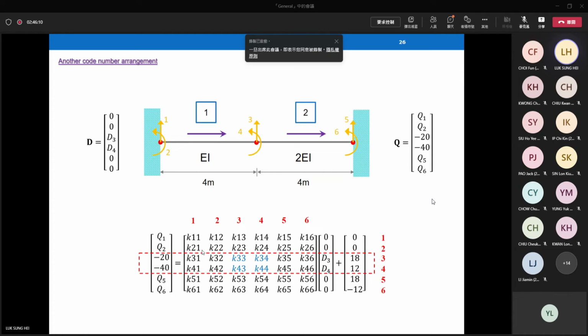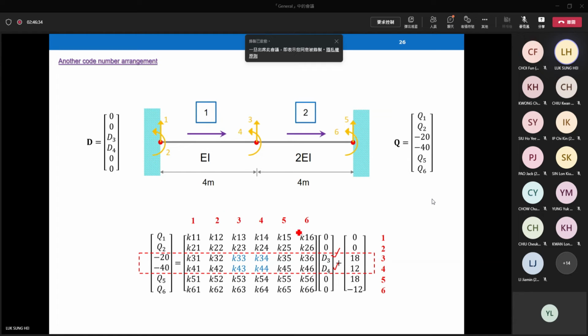And then you can take a look at the formulations, and you can see that in the force displacement relationship, the unknown displacement appears along row 3 and row 4. Then how to solve this problem? It's difficult to identify where is K11, K12 in these expressions. In this case, you don't need to identify where is K11, K12.